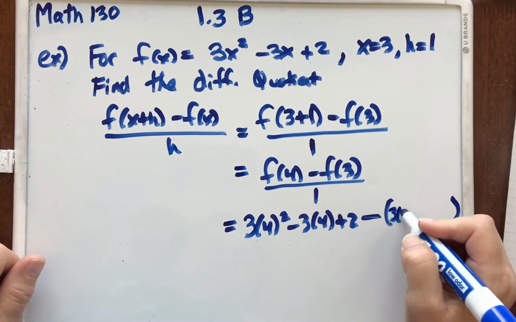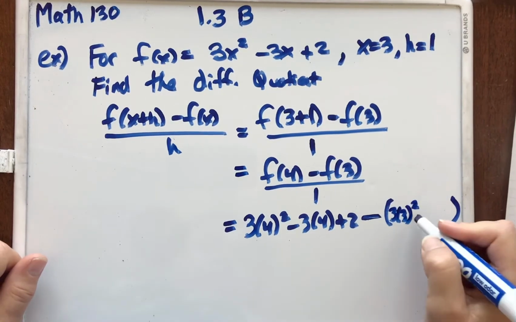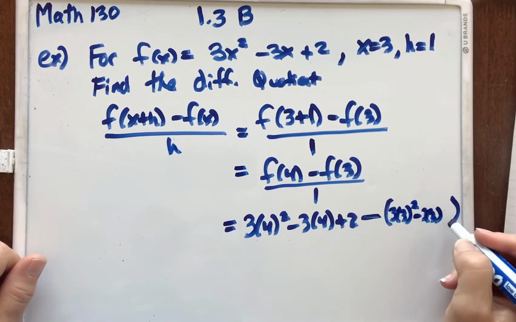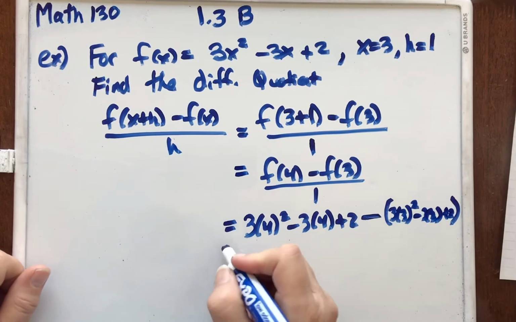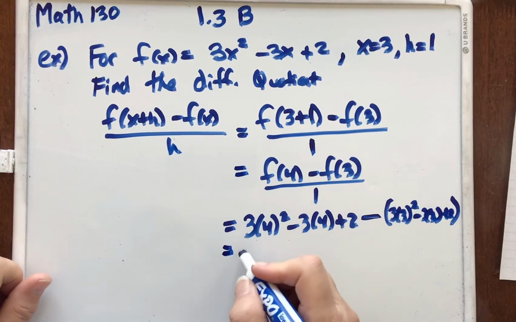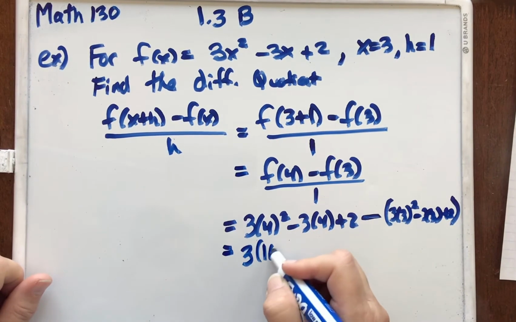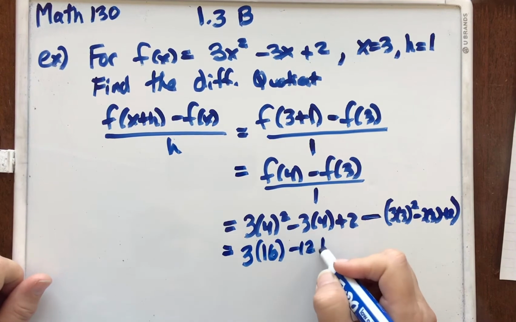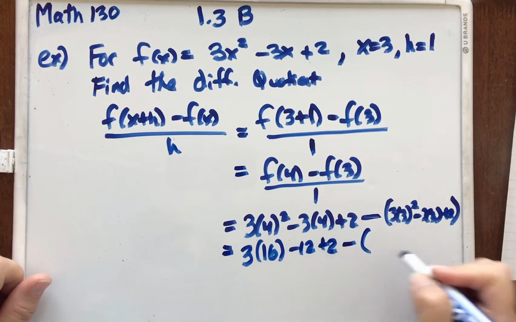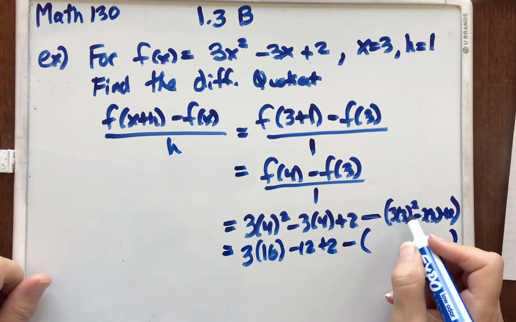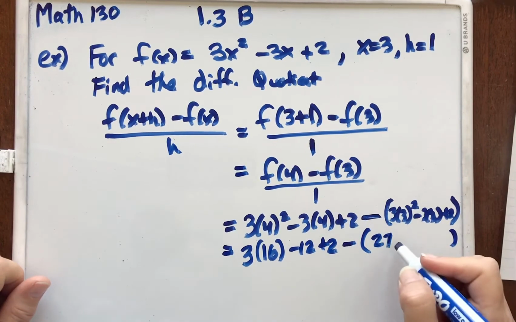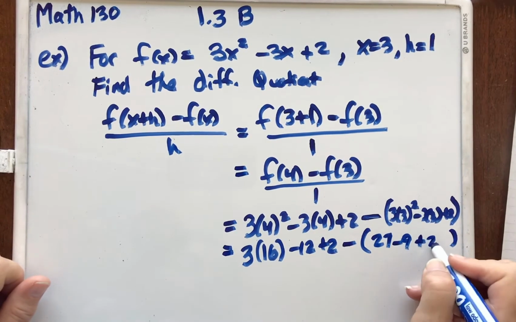We have 3 times 3 squared minus 3 times 3 plus 2.